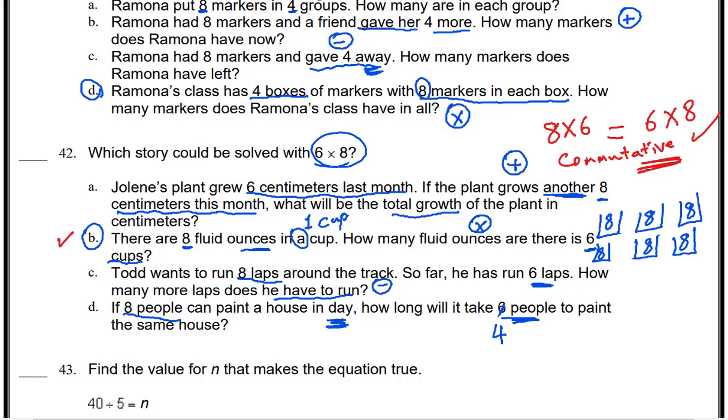So this is divide. Because we need to divide the 8 by the 4 to get the 2 days. Yes, divide. So it's not multiply. That's what we need to know.